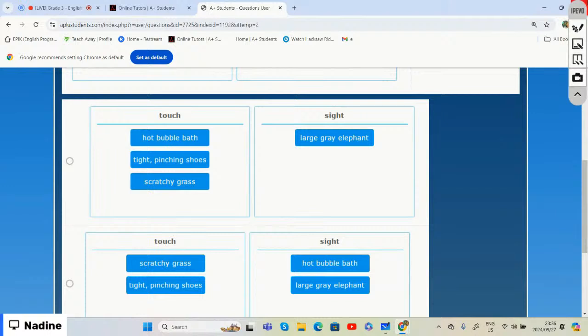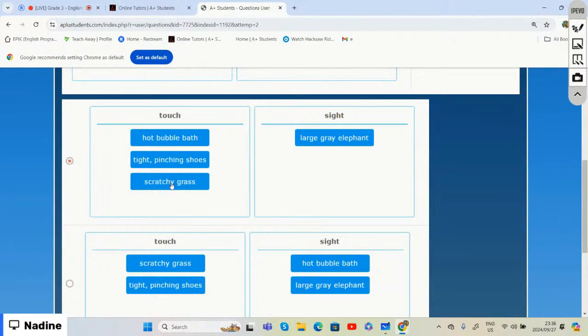All right, and if we were to choose which one is correct, we will go with the first one.